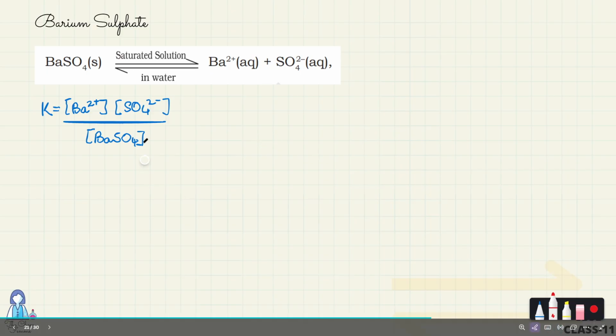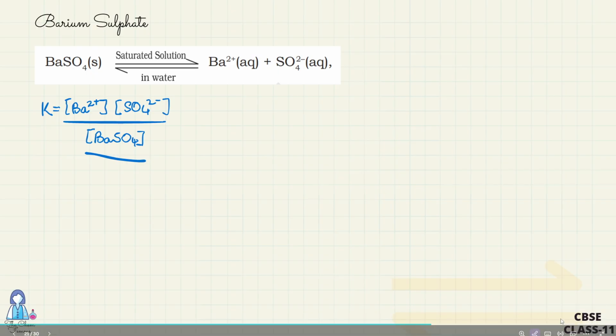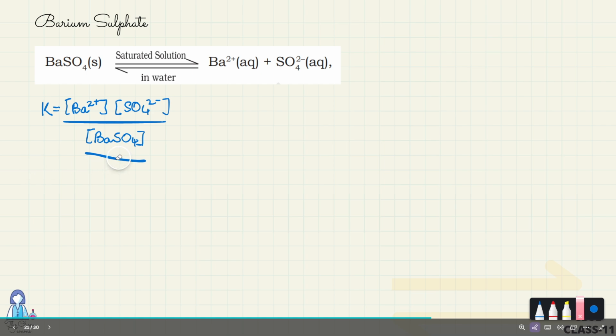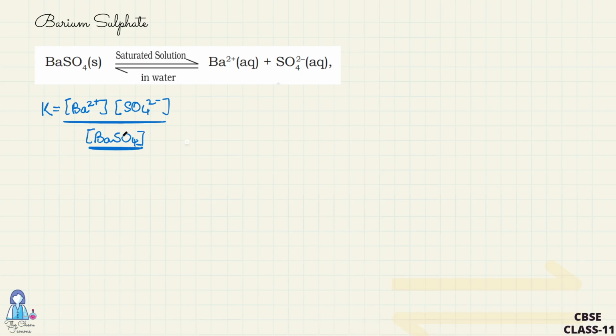In this case, because it is a sparingly soluble salt, we're going to assume the concentration of barium sulfate is not changing much, so we will push this to the numerator, and that is going to give us this particular equation.